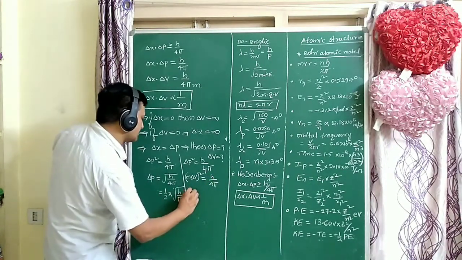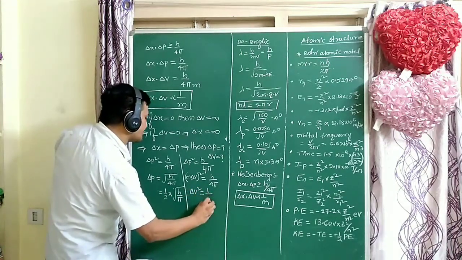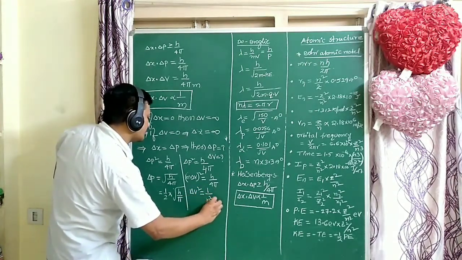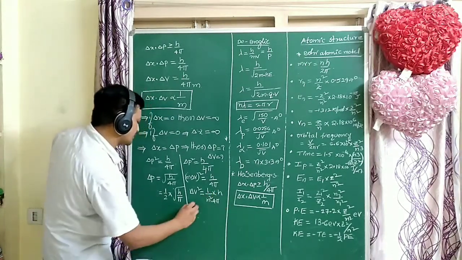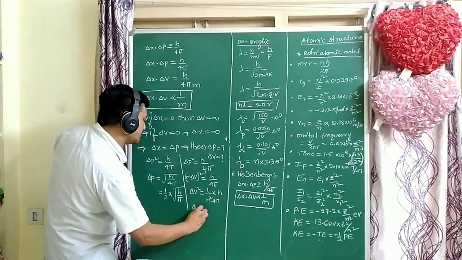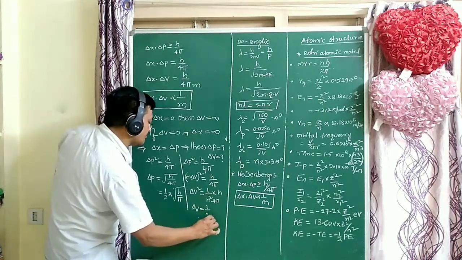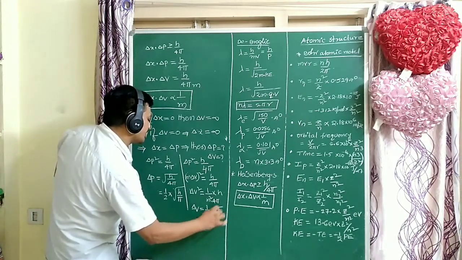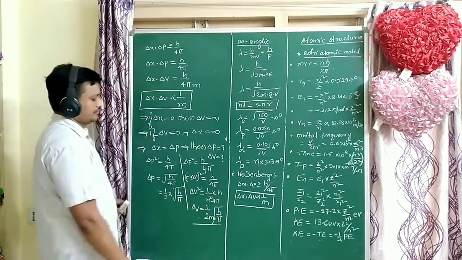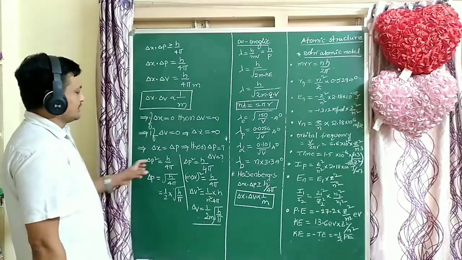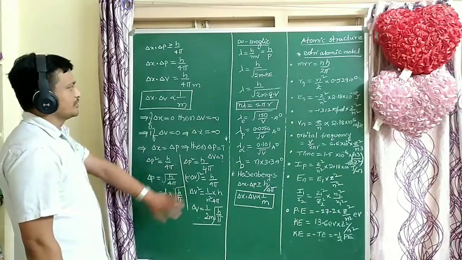So delta v square equals 1 by m square into h by 4 pi, so delta v equals 1 by 2m into the square root of h by pi. This is a very, very important formula. These are very simple problems.